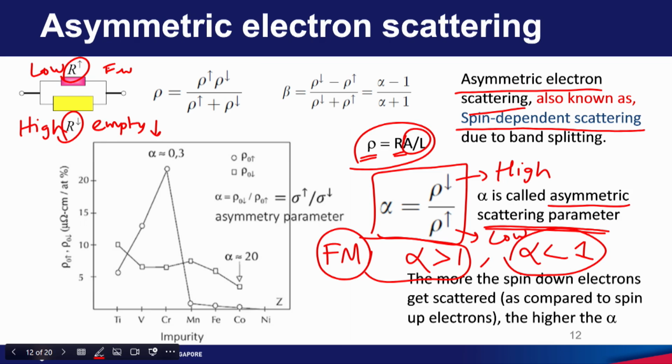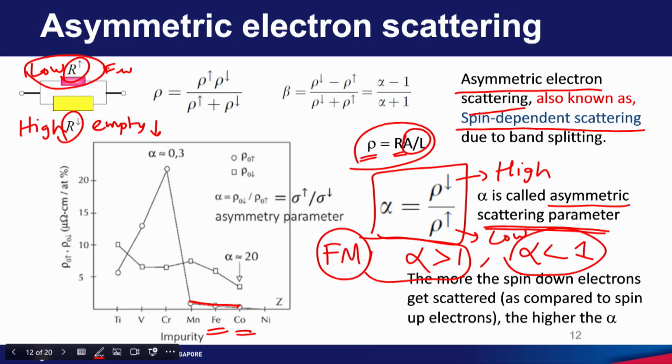If you look at the ferromagnetic materials like iron and cobalt, these are the two we can see here in this picture. The circle represents the resistivity of spin up electrons. You notice that the spin up electrons have low resistance, like what we have already discussed.